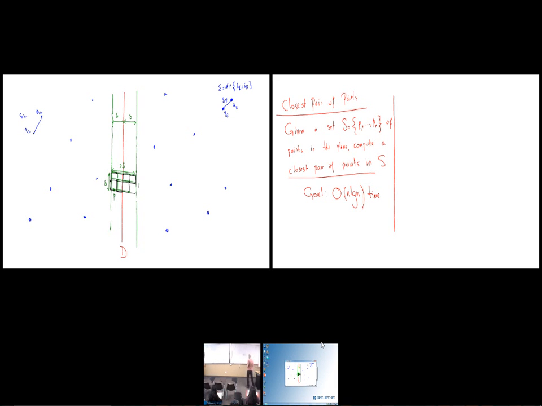Let's look at one of these squares. The square is of dimension delta over 2. Now, if you have a square of dimension A, the longest distance between any 2 points that live inside this square is the length of its diagonal, because this corresponds to when the 2 points are diagonally opposite.